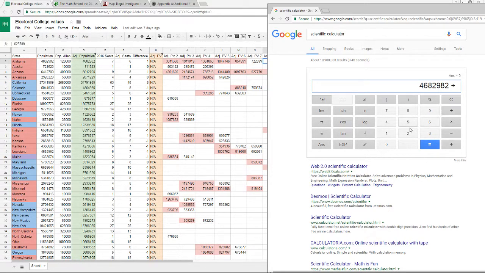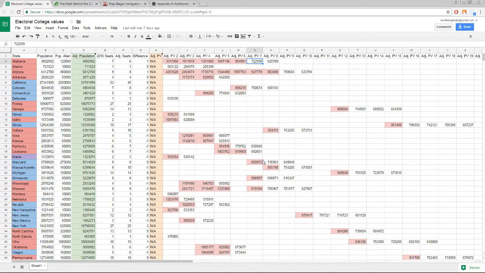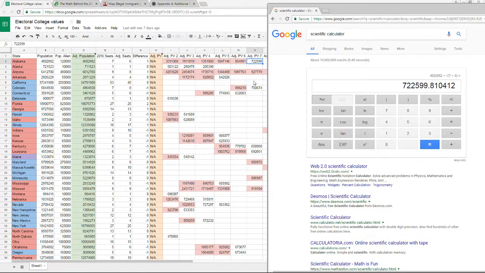And then we divide that by the square root of, we're looking, say, at the 7th seat, of 7 times 7 minus 1, so we'll just put in 6. And we get 722,599. And as you can see, 722,599 right there. So we get the same number, I just cut off the remainder.